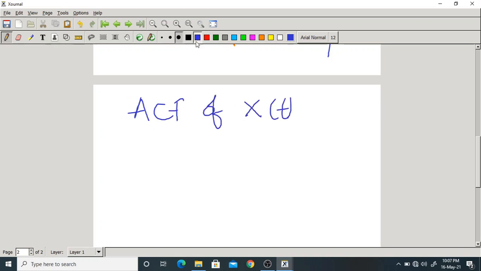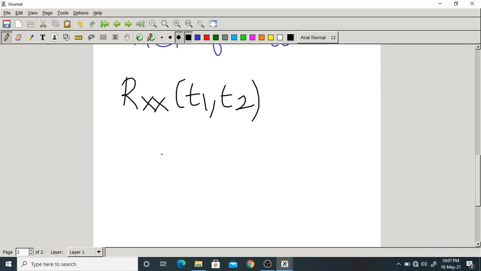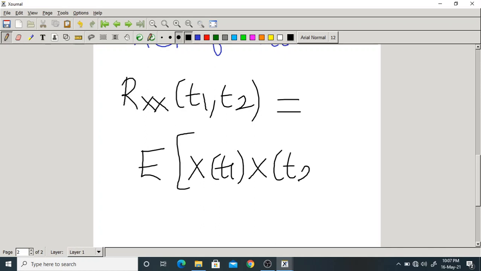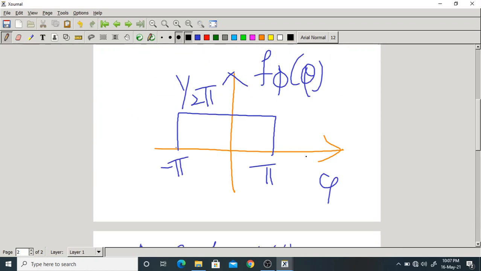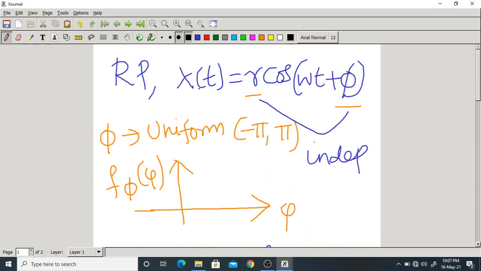First of all, what is the ACF notation? We write this as Rx of t1 comma t2, whose formula is expectation of x of t1 into x of t2. Now what is x of t1 and x of t2? X of t we know: r into cos(omega t plus phi).